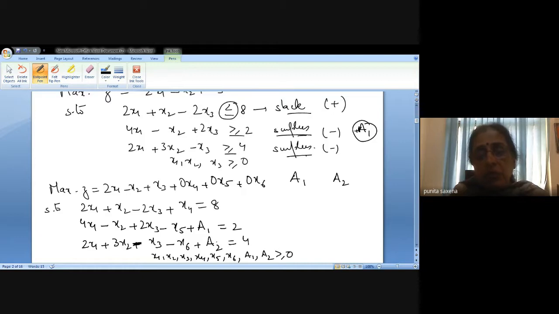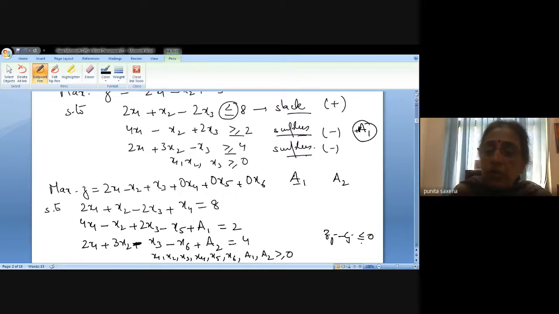Now we say that the most negative zj minus cj enters, and the ratio helps us decide which one leaves.